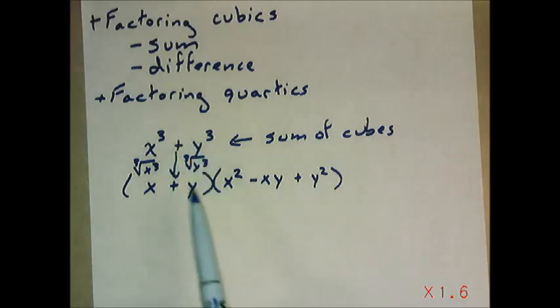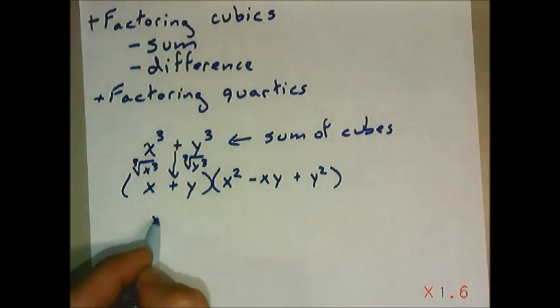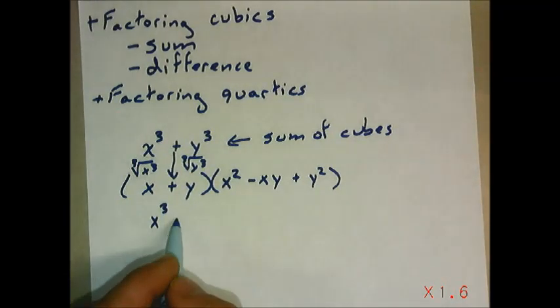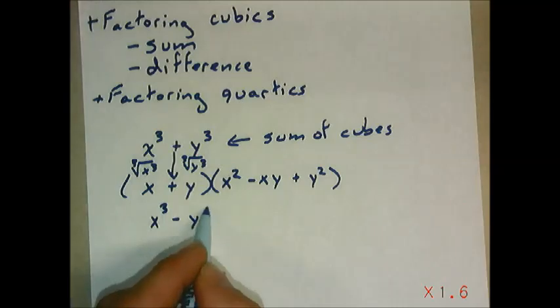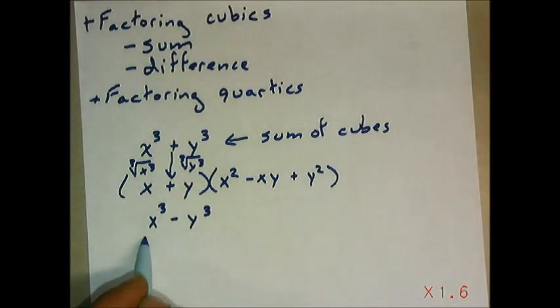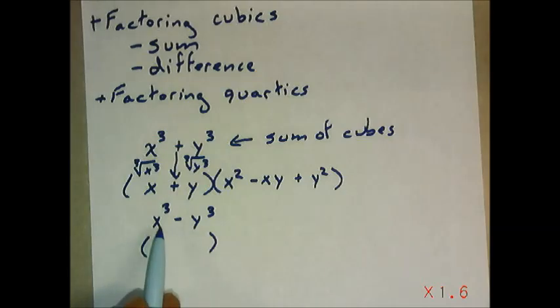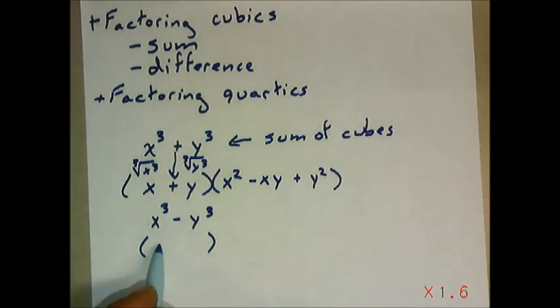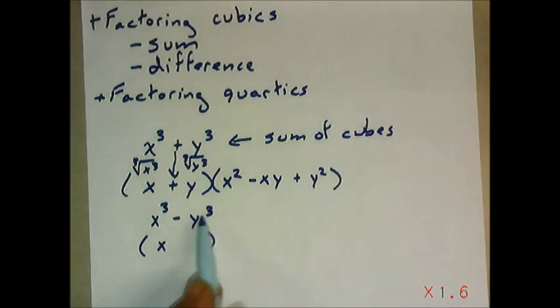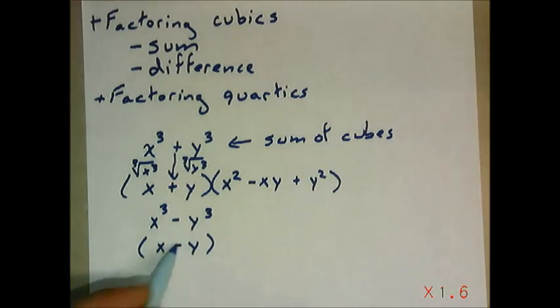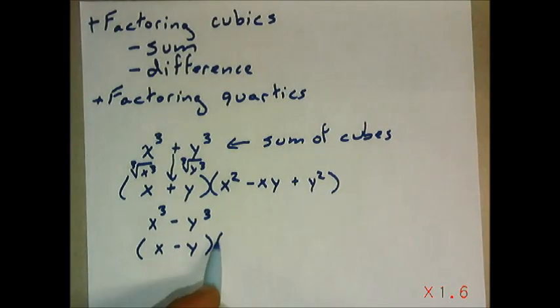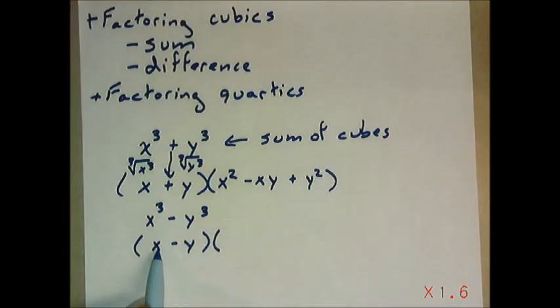This also works if we have subtraction of perfect cubes, or the difference. So if I have x to the third minus y to the third, say, same process is going to happen. I'm going to take the cube root of x to the third, or x, the cube root of y to the third, which is y. My sign stays the same. I'm going to multiply the first term to itself, so I get x squared.